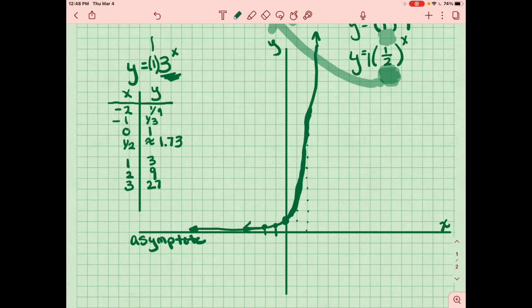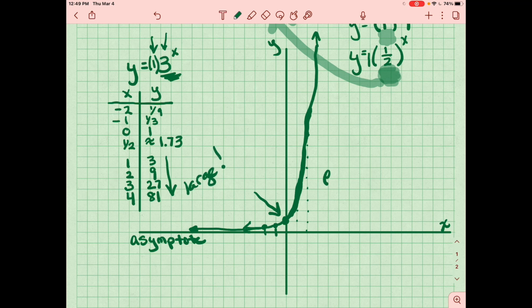So this is our A and this is our B. A is our starting amount, which was here, and our growth factor is 3. So it is going to increase by a multiple of 3 every time we move over. 1, 2, 3, 4 would be 81, and then I don't have the rest of those memorized. Just notice how incredibly large it's getting as it goes up there.